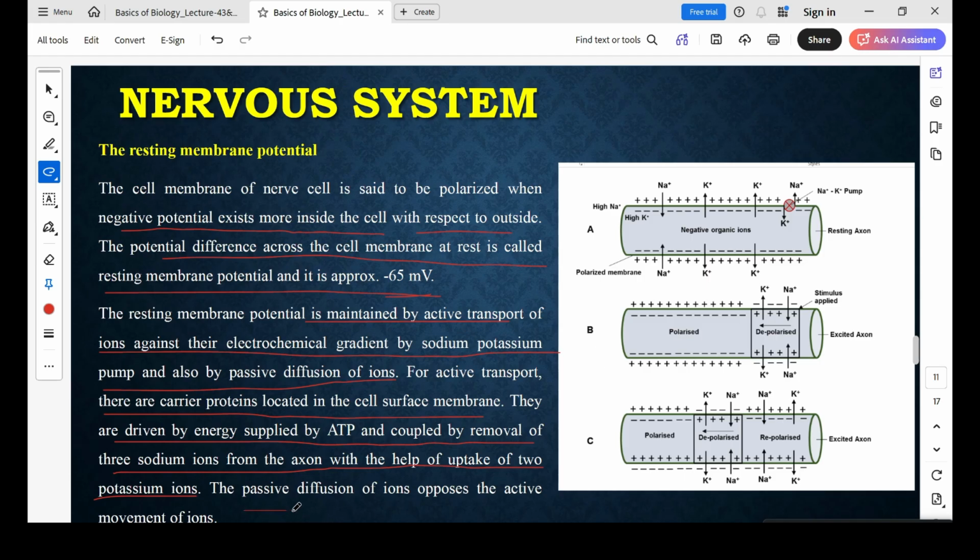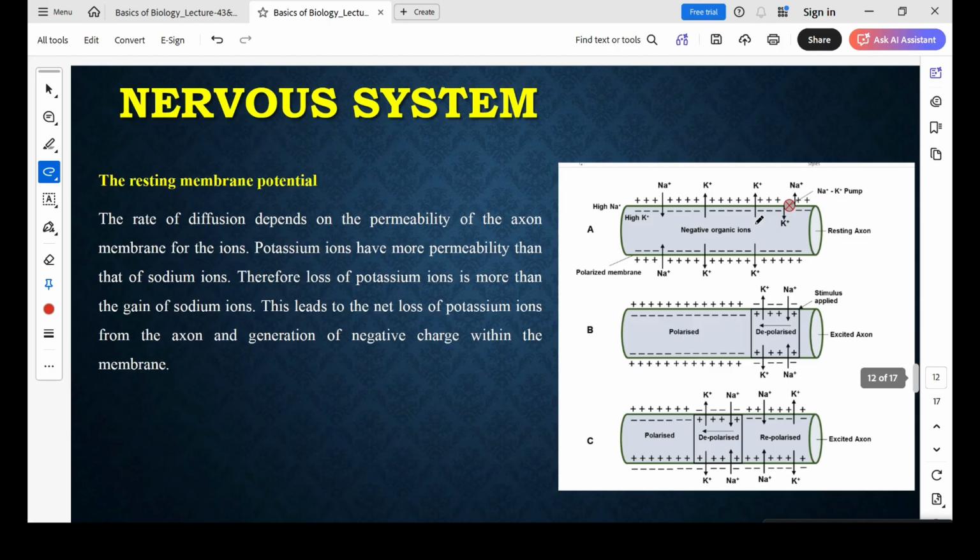The passive diffusion of ions opposes the active movement of ions. There are certain sodium potassium pumps present on the membrane that facilitate this process.